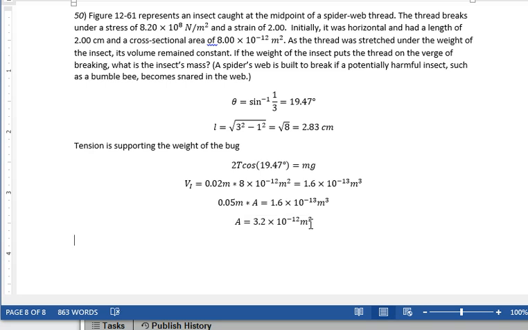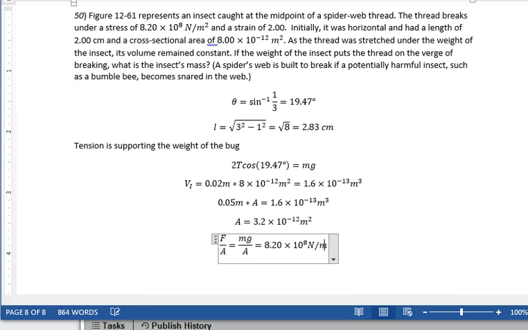We've already enforced that the strain is 2. Now we're going to enforce that the stress is 8.2 times 10 to the 8th. The stress is just F over A, which is mg over A. The mass of the bug times g is the force down on it, so mg over A equals 8.20 times 10 to the 8th newtons per square meter.